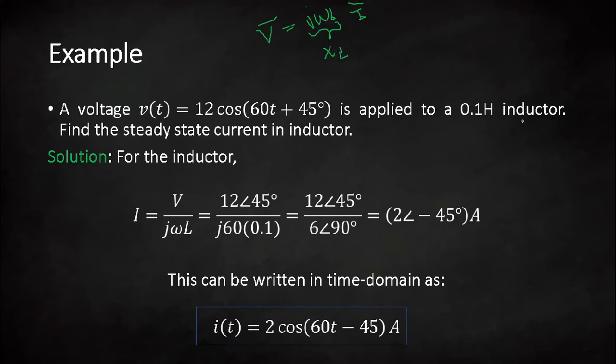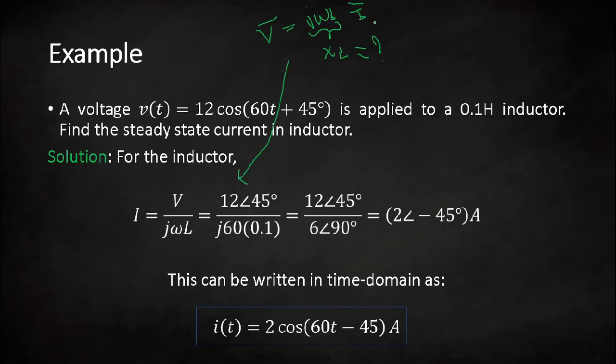You have to keep in mind here that the value of the inductor is given, not your inductive reactance XL. So you first have to find the value of XL, then put it into this equation. V is already given, so you can easily find the value of current. That is what we have done right here.